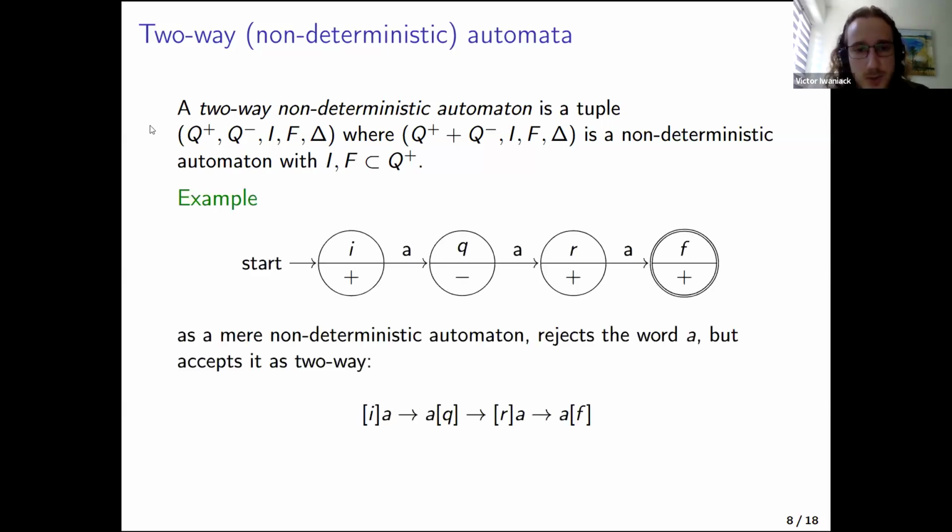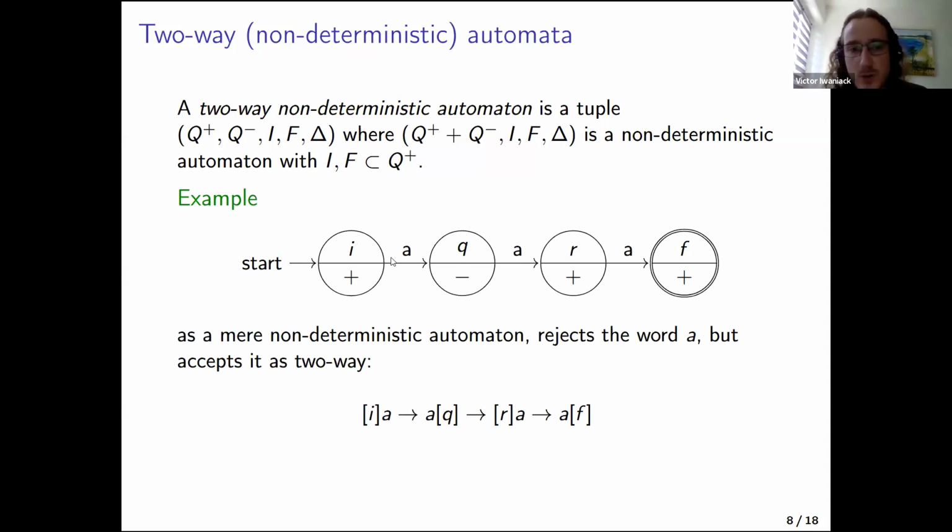So to explain how it works, let's see a very basic example. It's not really interesting by itself, but it's to understand how it works. If you take this automaton, you have four states, one initial state, one accepting state.